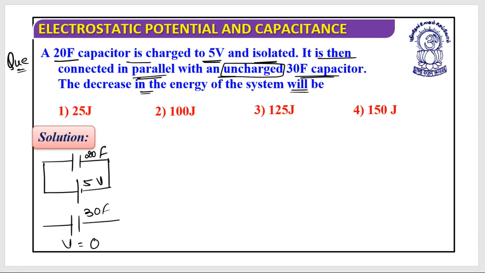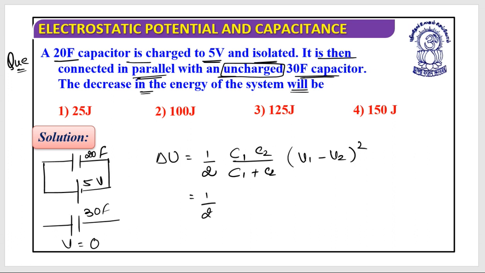What I can do is, delta U is equal to 1 by 2 into C1 into C2 divided by C1 plus C2 into V1 minus V2 whole square. This is one of the approaches. It is 1 by 2 multiplied by C1 into C2, that is 20 into 30, which is 600, divided by C1 plus C2, that is 20 plus 30, which is 50, multiplied by V1 minus V2, that is 5 minus 0 whole square.